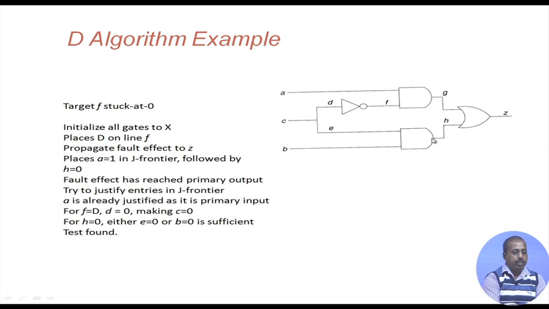So, that H equal to 0 will be added to the J frontier. At this point we have A equal to 1 and H equal to 0 as two gates in the J frontier.